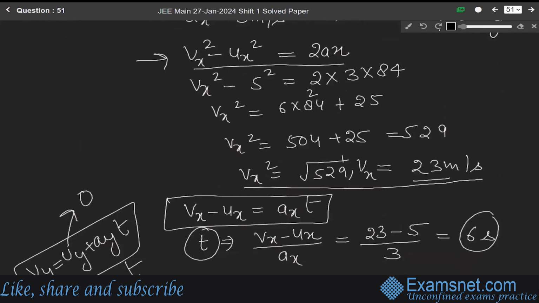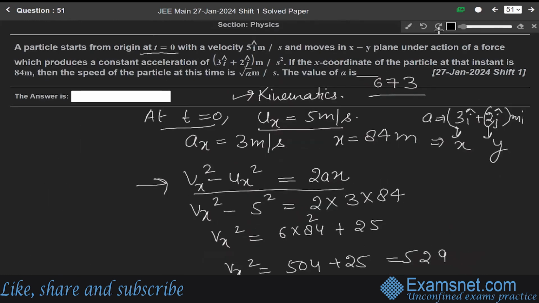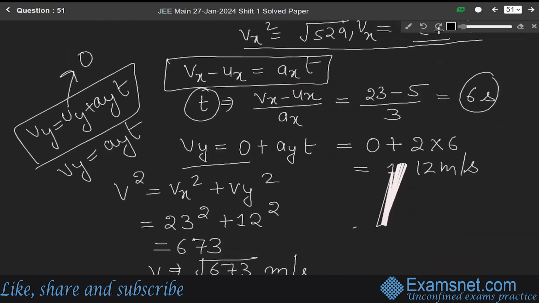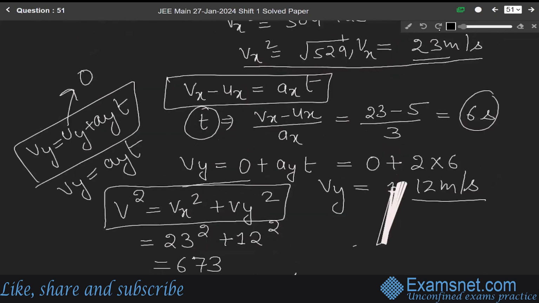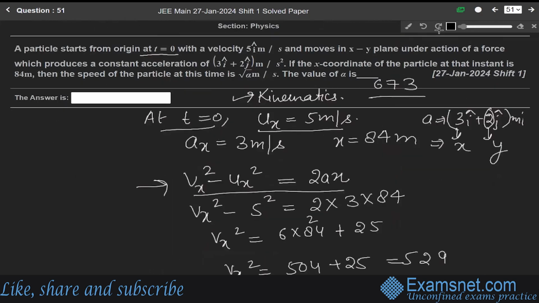Acceleration for y, ay, is 2. So we write 2 into time, which is 6 seconds. So we get vy equals 12 meter per second. Now the resultant velocity v square equals vx square plus vy square. So we get the resultant velocity v as root of 673 meter per second. So the value of alpha is 673.